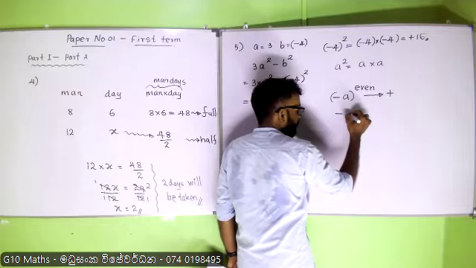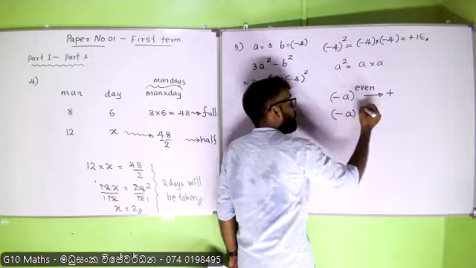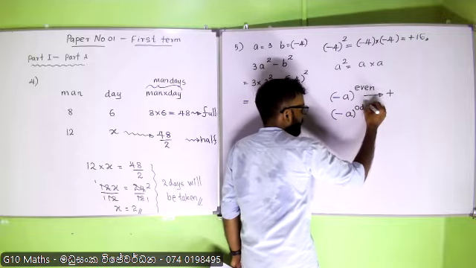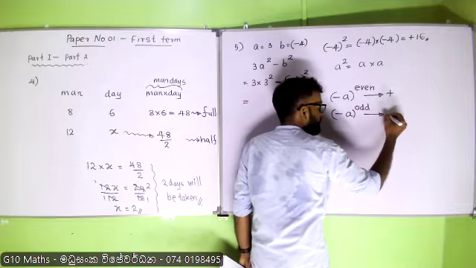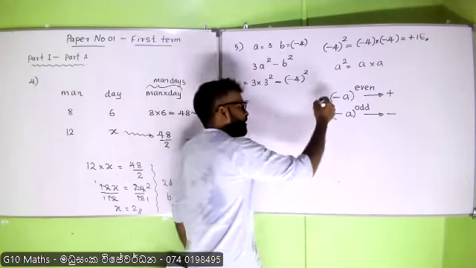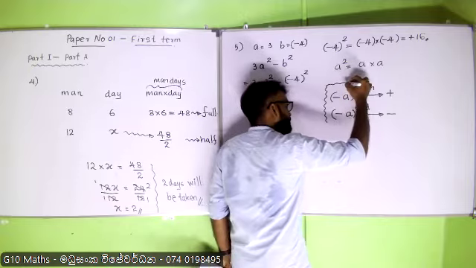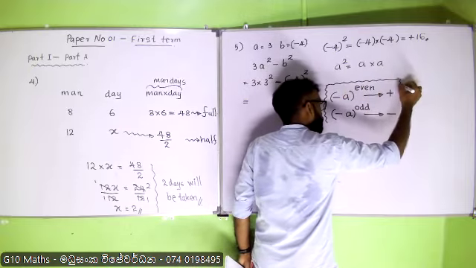If you have a negative number and the power is odd, the final answer sign is definitely negative. Grade 8 and grade 9 things you have forgotten by now.